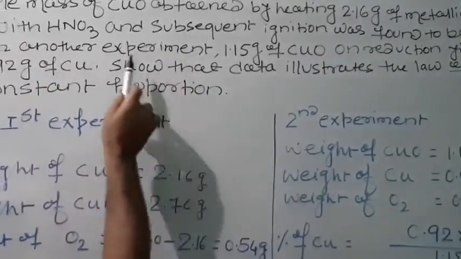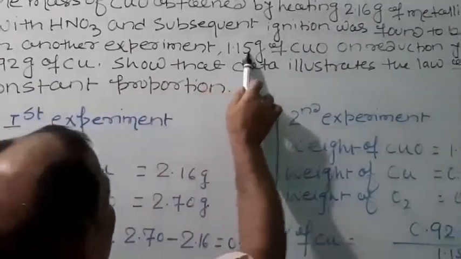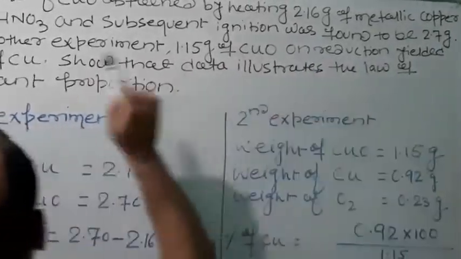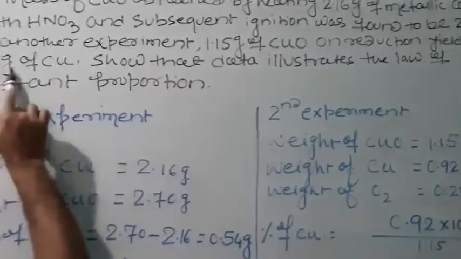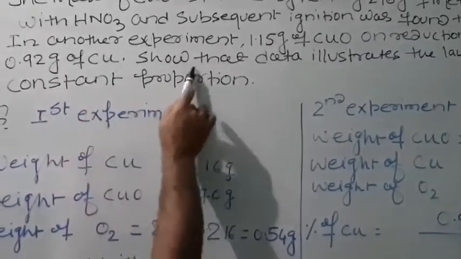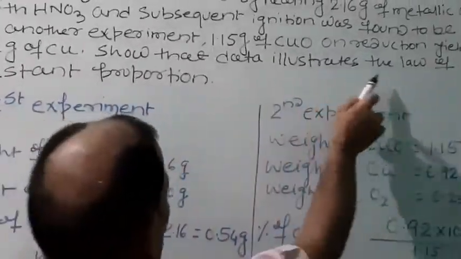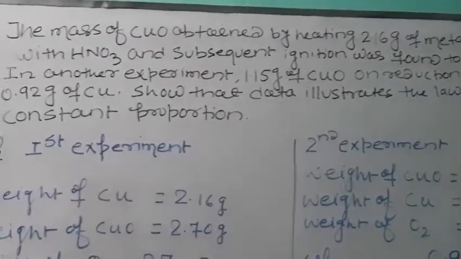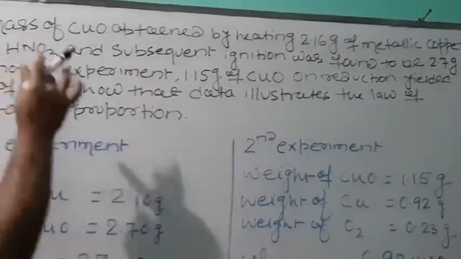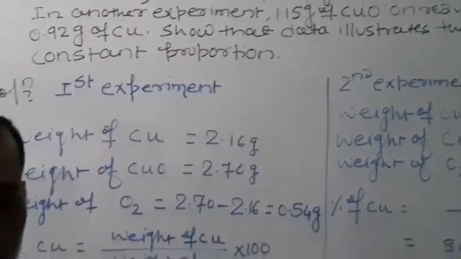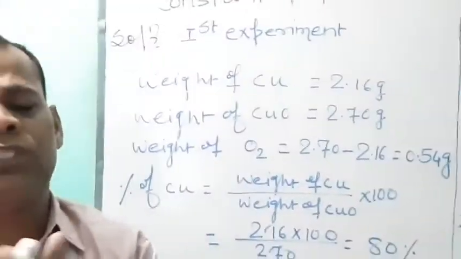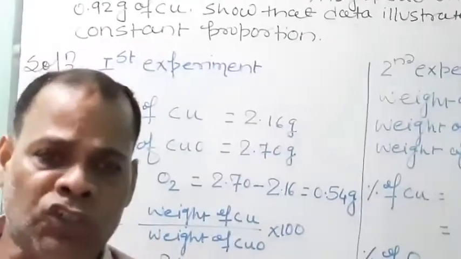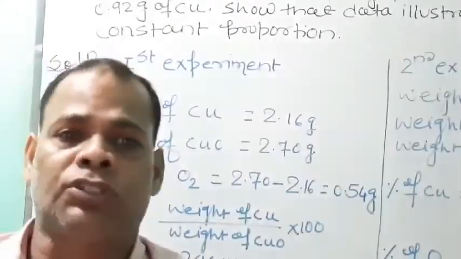In another experiment, 1.15 gram of copper oxide on reduction yields 0.92 gram of copper. That data illustrates the law of constant proportion. So now there are two sources through which we try to obtain copper and oxygen from copper oxide.